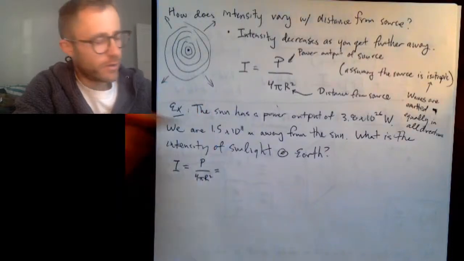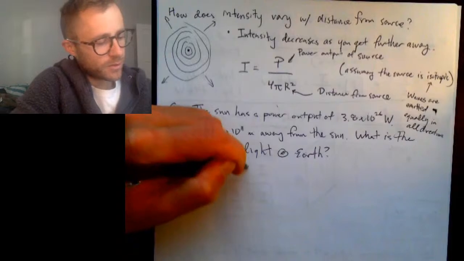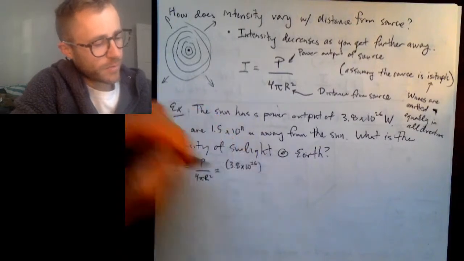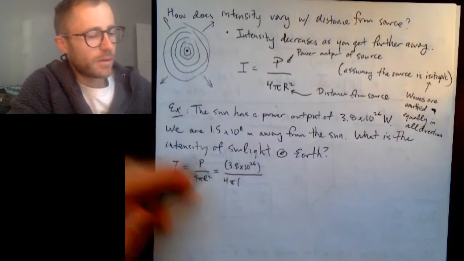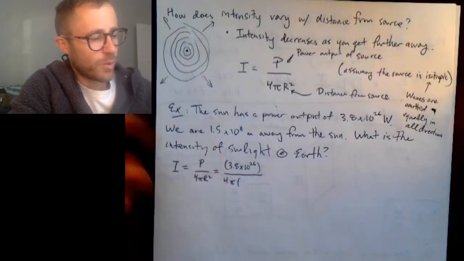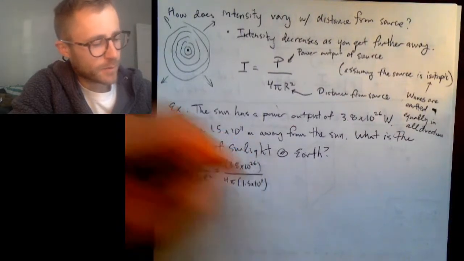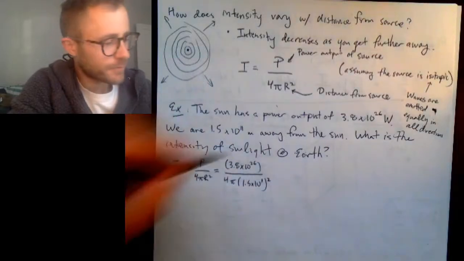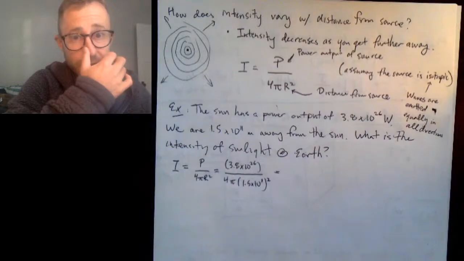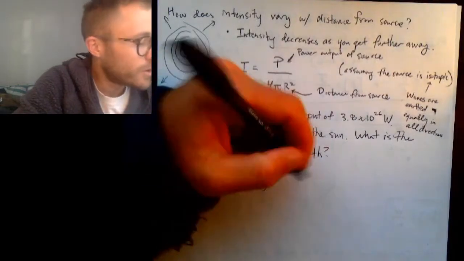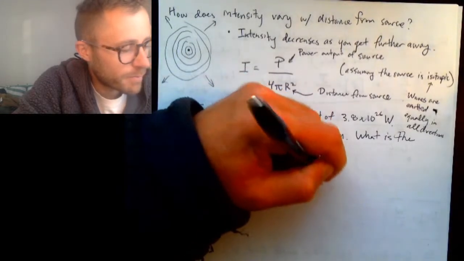So the power is 3.8 times 10 to the 26th watts divided by 4 pi, and then our distance from the sun is 1.5 times 10 to the 11th. Got to square that. So I did this problem last period, so I already know the answer is 1,350 watts per square meter.